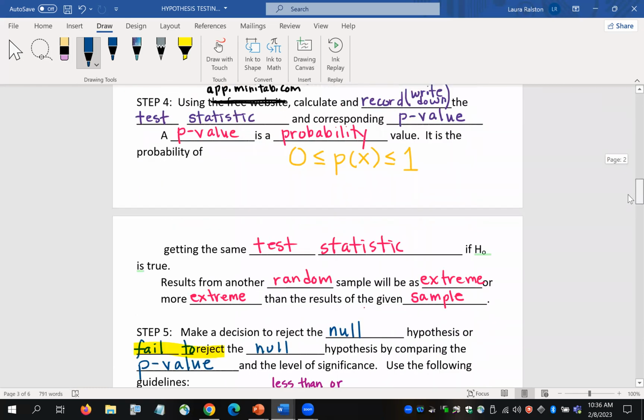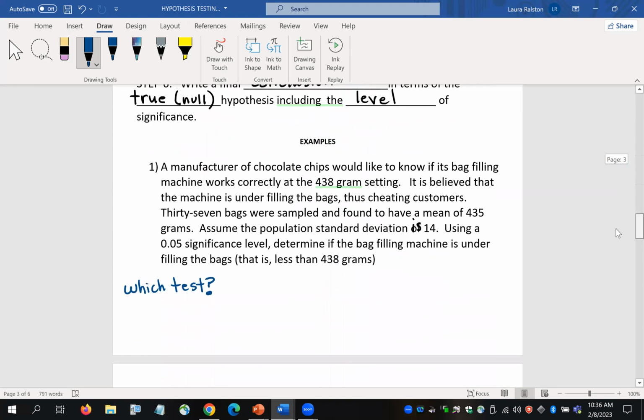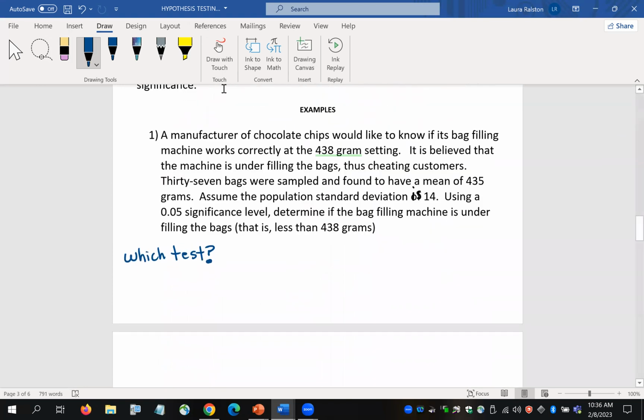So if I scan back through this problem, in about the 4th sentence, it says, assume the population standard deviation sigma is 14.